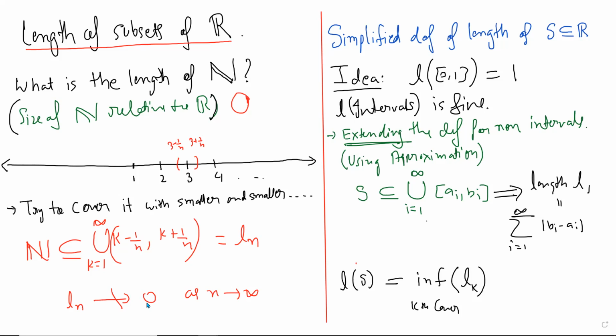Yeah, but 2 by n, that will not go to 0, right? Just think, because you have to add it. But the natural number n is the same. Right. But you're getting to it. Yeah, you have to just think a little more.